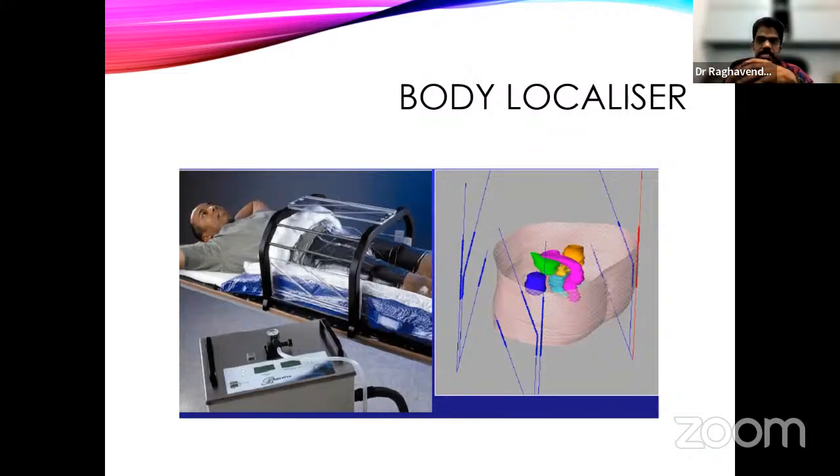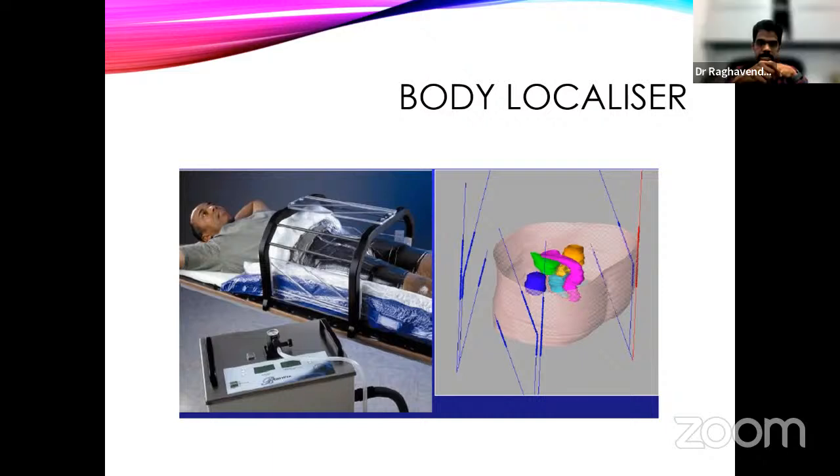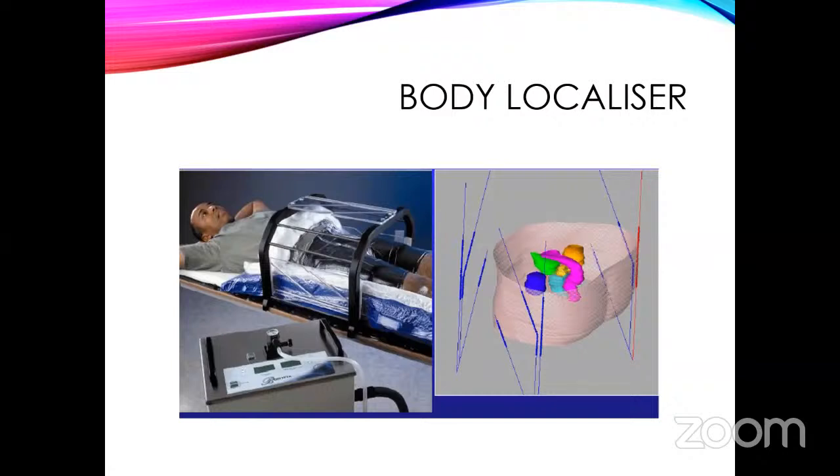Now the same theory is applied extracranially, but for some reason it didn't work out. When you are looking at the intracranial one, you have screwed that frame into the patient's skull. It's an invasive procedure, and you have screwed it so that it becomes a rigid transformation.